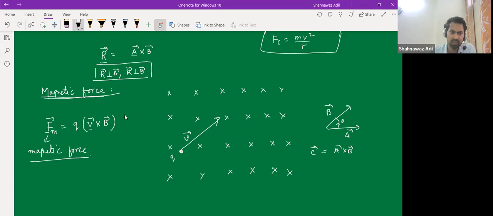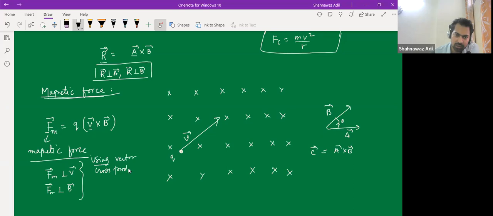Okay, so let me directly write. The direction of magnetic force would be perpendicular to B, perpendicular to the magnetic field. And how do we calculate the direction? Using the vector cross product or Maxwell's right hand thumb rule.